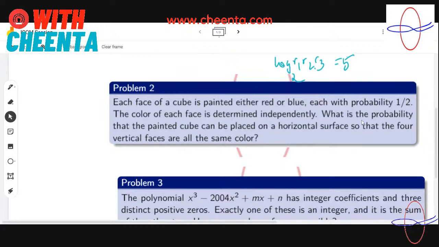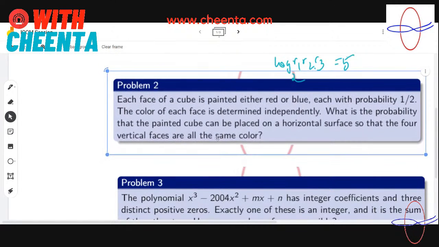It's a probability problem. Each face of a cube is either painted red or blue, each with probability half. Now the color of each face is determined independently.